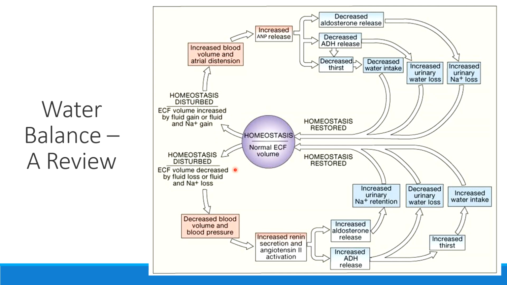The opposite is true as well, though. If I've lost a lot of fluid or I've lost a lot of sodium, I'm out of balance, this is going to lead me to activate that renin-angiotensin-aldosterone system. So renin activates angiotensin. Angiotensin leads to a release of aldosterone, and we see this increase in antidiuretic hormone.